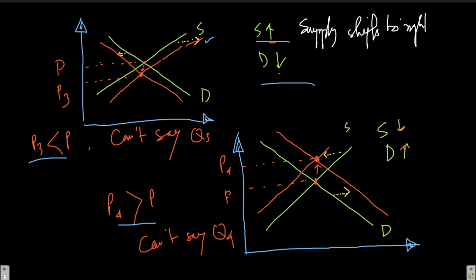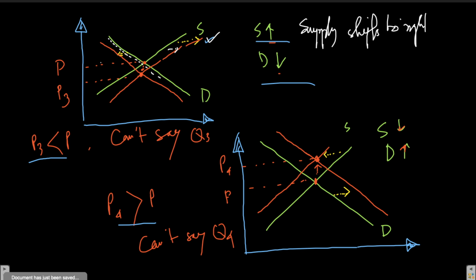You have to look at the relative shift of the demand. My new supply curve is here, and my initial demand curve is here. If I shift my demand curve a little bit, so I have increased my supply a lot and decreased my demand a little bit, what will happen?